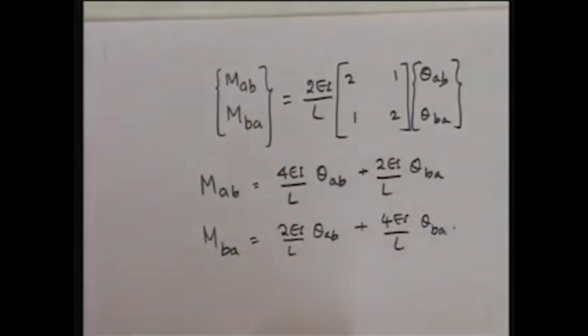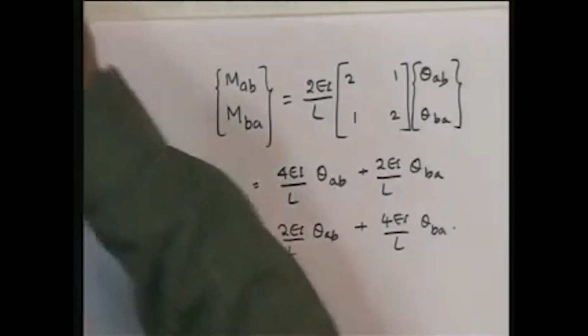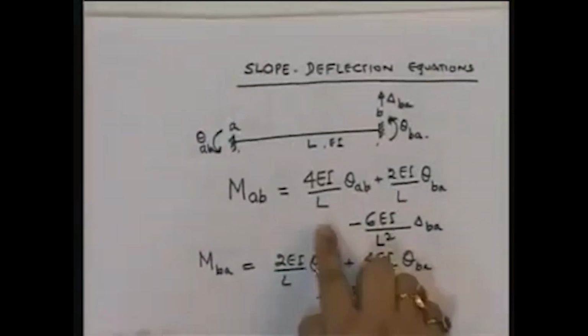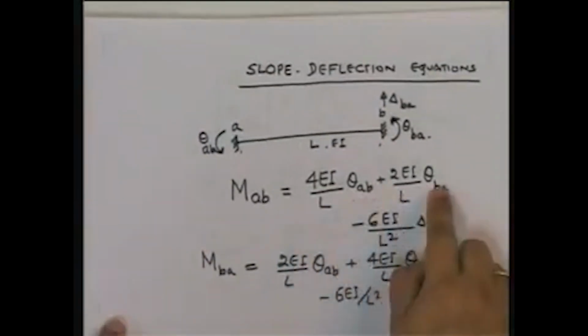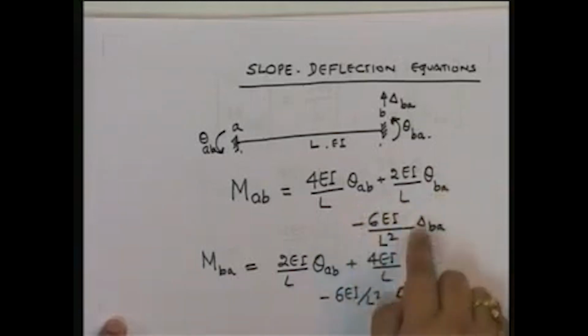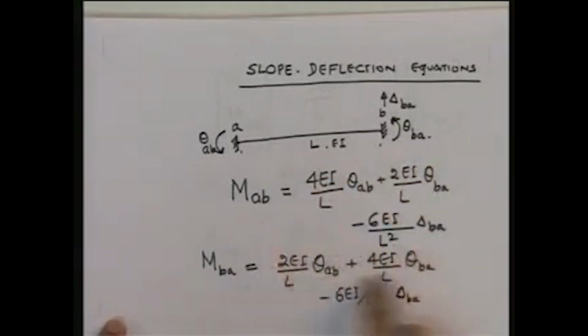Simple. Look back to the slope deflection equation. What did I write down? 4 EI upon L theta AB plus 2 EI by L. Now forget the delta term for now. These two terms I've just developed.